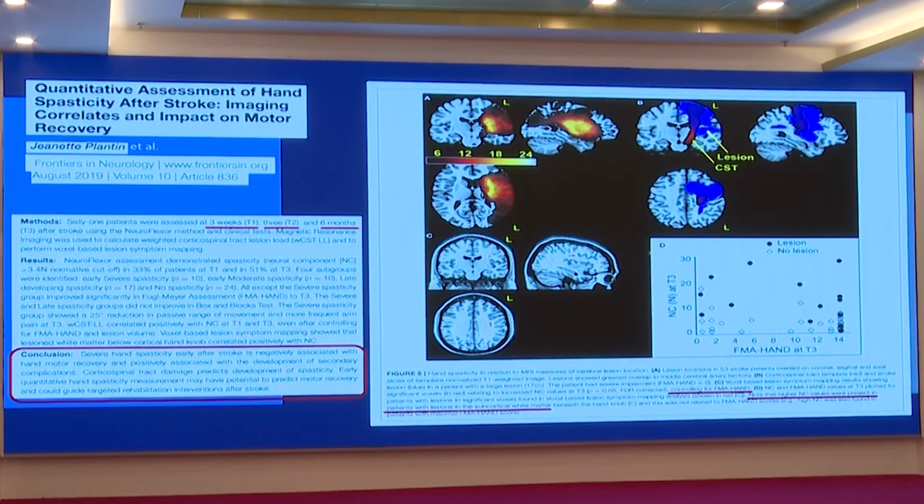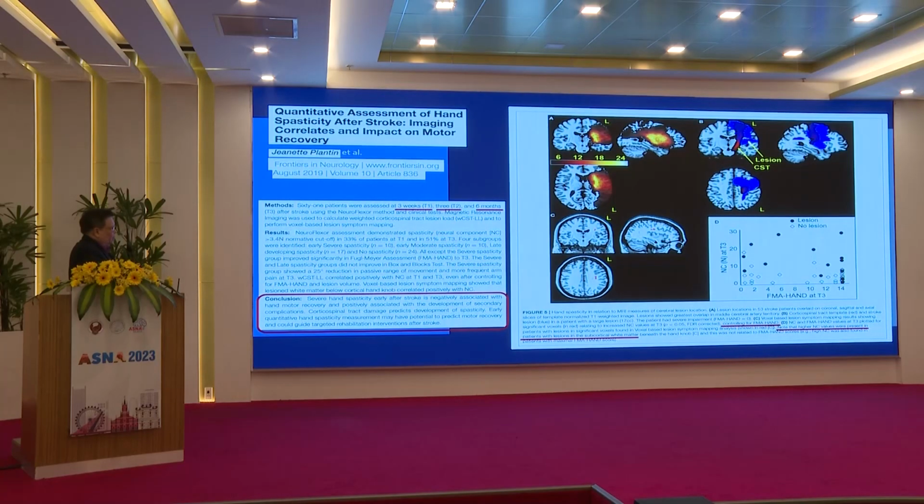And if you just quickly look at the summary of this, you can see that most of the lesions are really impacting on the corticospinal tract, mainly subcortically. And if you plot it against the neural component and the function of the hand, you can see that those with lesions are really having the poorest function when it does impact on the corticospinal tract.